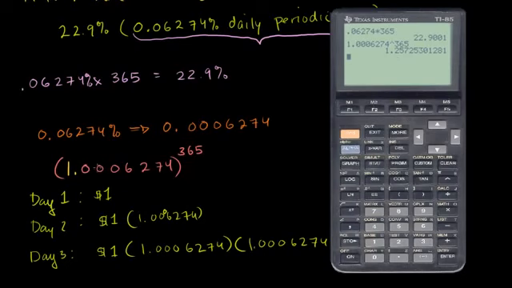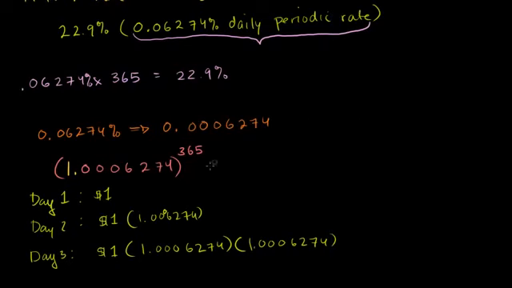So if I were to compound this much interest, 0.06% for 365 days, at the end of the year, I would owe 1.257 times my original principal amount.